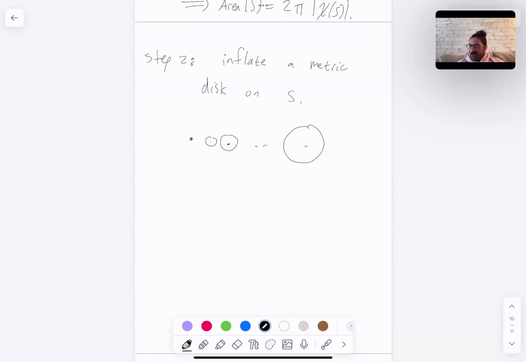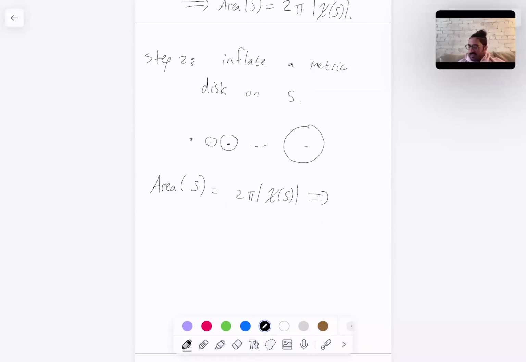Now the fact that the area of S equals 2 pi chi of S implies that before long, this ball cannot be embedded on the surface because otherwise there would be too much area on the surface.